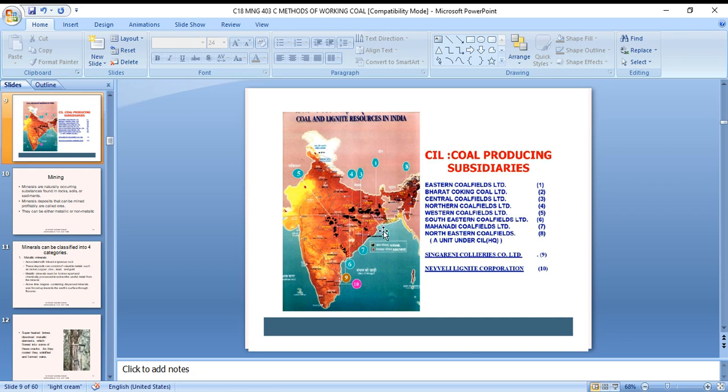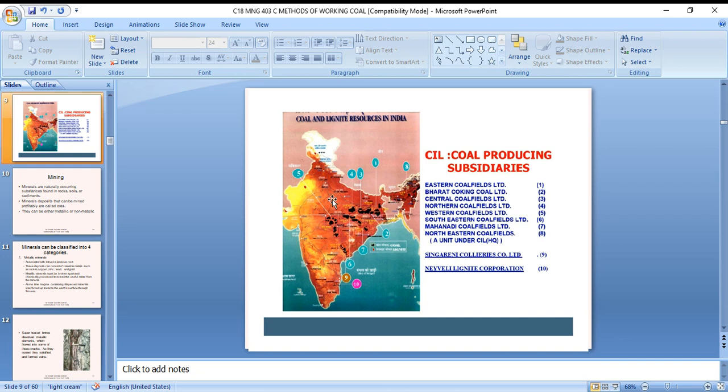Bharat Coking Coal Limited is also there, and nearer to it is Central Coalfields, Northern Coalfields, NCL, fourth, Western Coalfields, Southern Eastern Coalfields, the WCL, which is in Maharashtra near the border, Chandrapur and these areas.